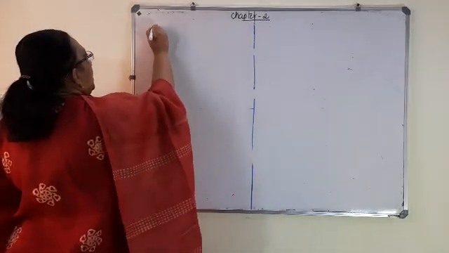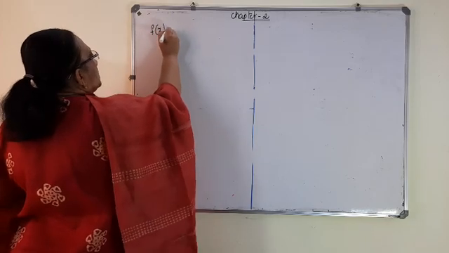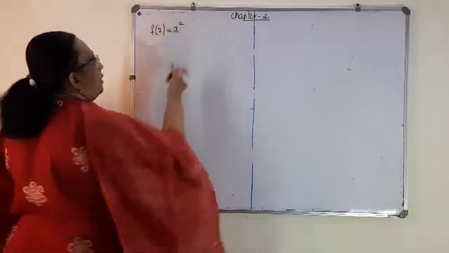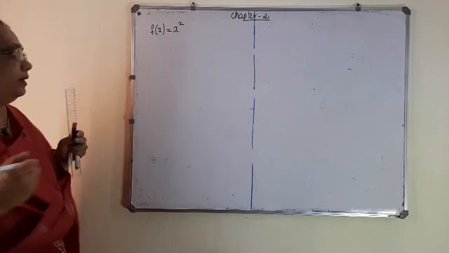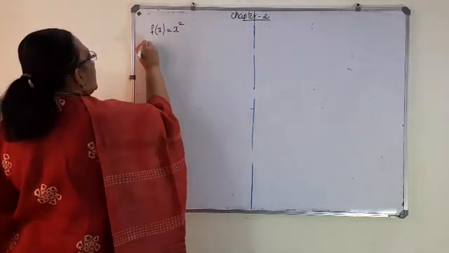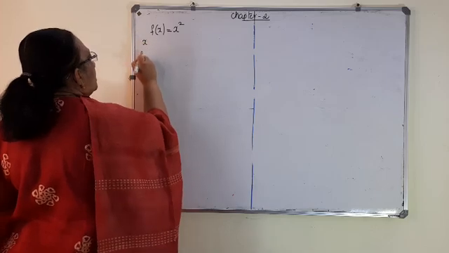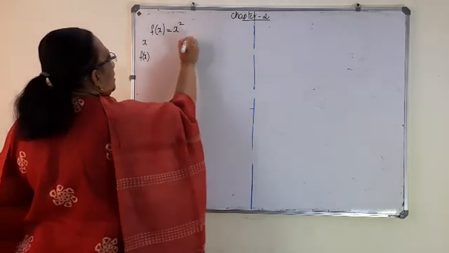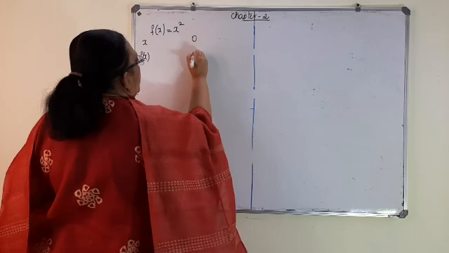Now the next one we come across is the function f of x is equal to x squared. Now what is f of x is equal to x squared? Let us take the points x, f of x. Now x is equal to 0.